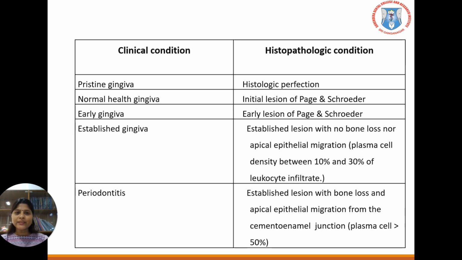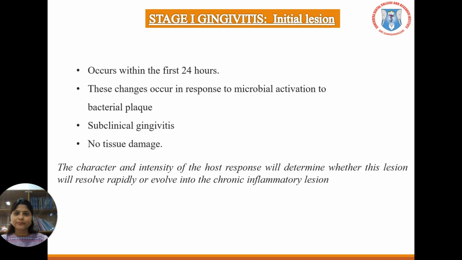But when it is not stable, it leads to more destruction of the bone as well as epithelial migration, leading to the stage called periodontitis. So gingivitis, from the initial, early and established lesion, gets transformed into the advanced lesion called chronic periodontitis.